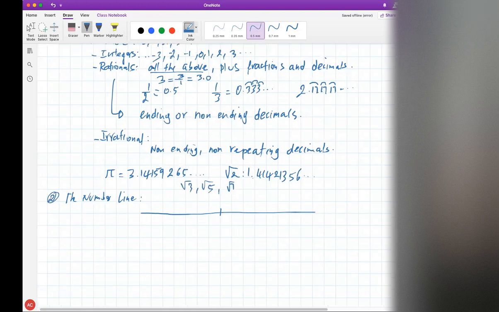But technically, we can put any number, any real number on it. But for the line itself, it's like a ruler. We just need a few numbers here. It's like a ruler or a measuring tape. We only put some numbers, not all of them. We don't put the decimals or anything unless we need them. So we have some positives here. We have some negatives on the other side.